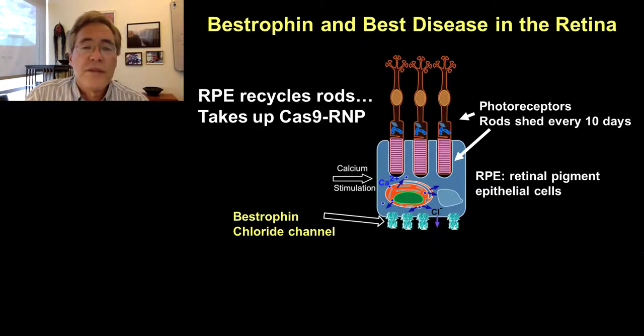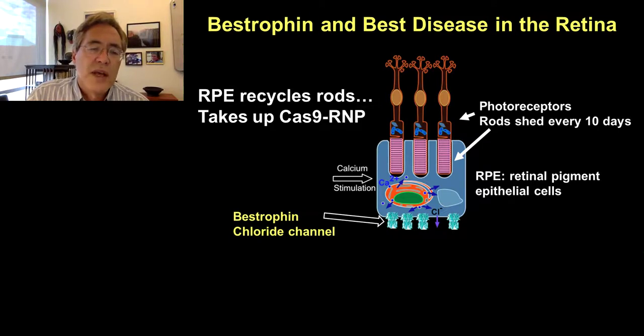Bestrophin and Best disease occurs in the RPE, which are shown as the blue cells. And the blue cells, as indicated below, have embedded in them the photoreceptors. The photoreceptors slough off every 10 days and are phagocytosed by the RPE. And so this RPE is a professional phagocytosing machine that takes up protein lipid complex. Essentially, that's what we're going to be feeding the cells when we give them Cas9 RNP, a protein lipid complex.